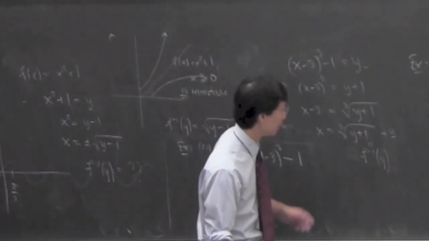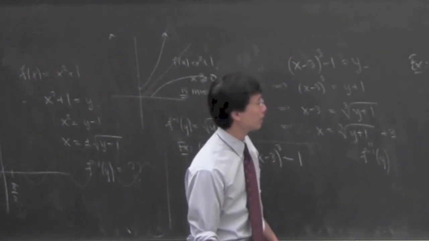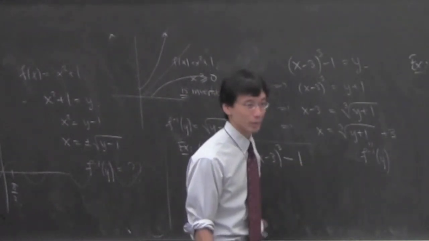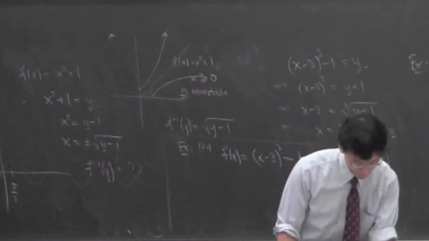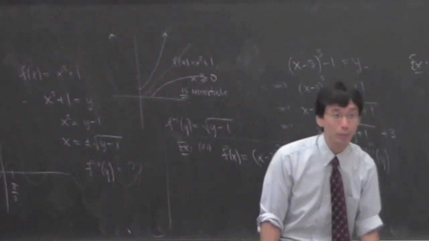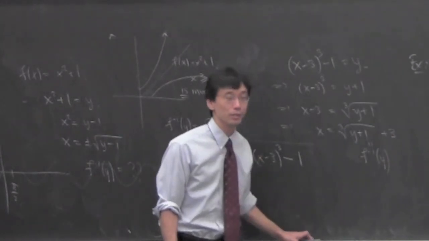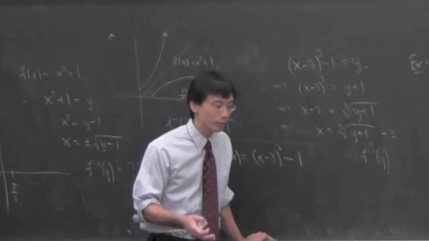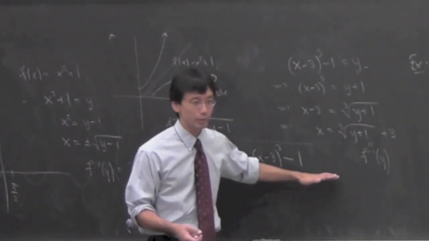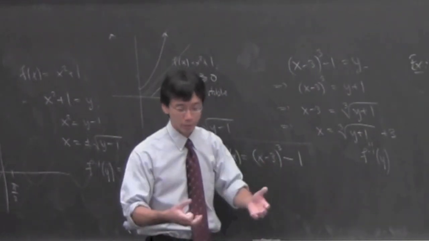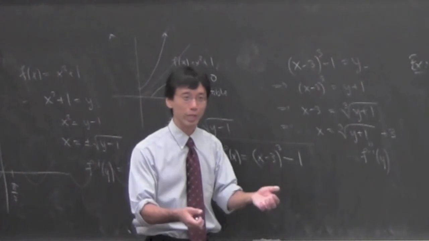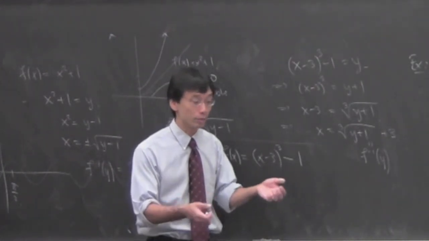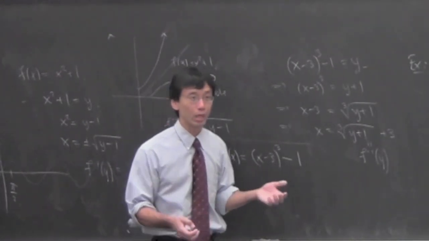The questions we'll ask about finding the inverse function will not get much harder than this. So I hope you guys now have some sense of this. What we'll do in the next chapter is start from very simple functions, linear functions, then go to quadratic functions, and then more complicated functions.